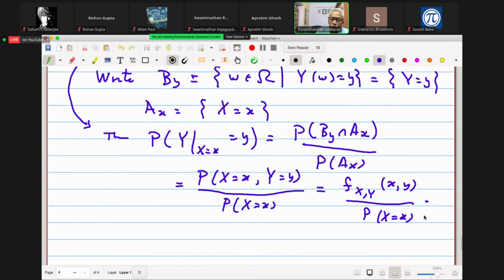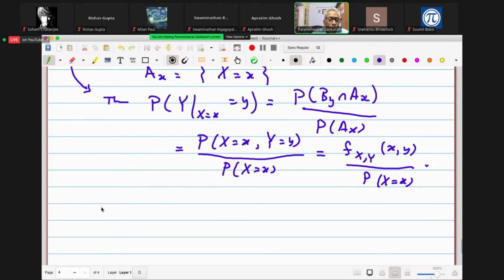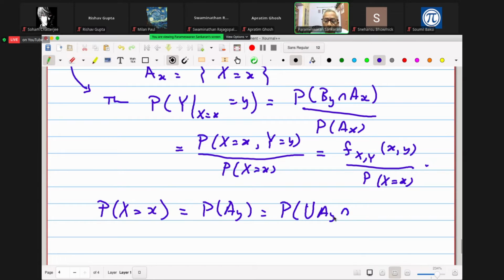Now, the probability of X equals x can be computed as follows. Mind you, X is a discrete random variable. The probability of this is equal to the probability of A_x, no? This is equal to the probability of the union over y of A_x intersection B_y. What did I do? I should write x here. Intersection B_y, and y is varying.